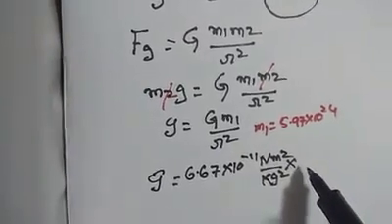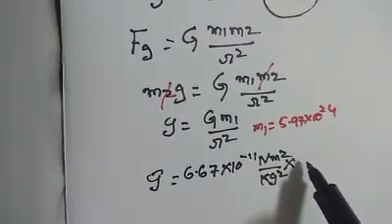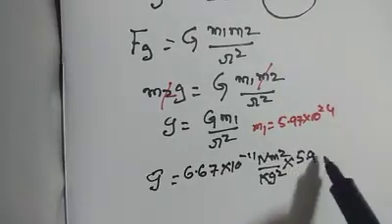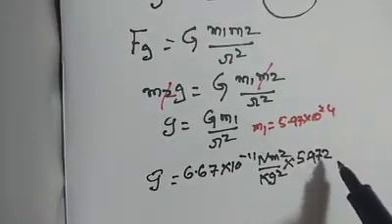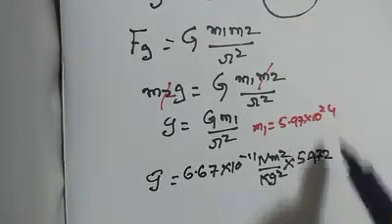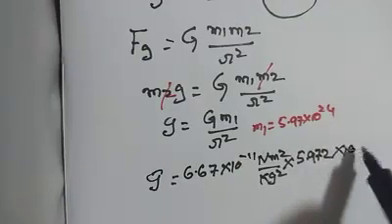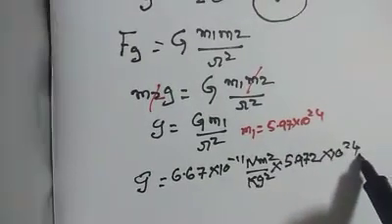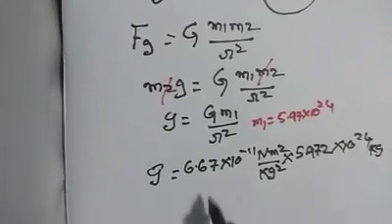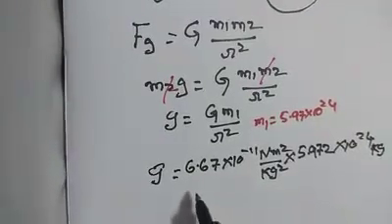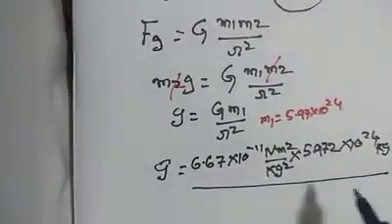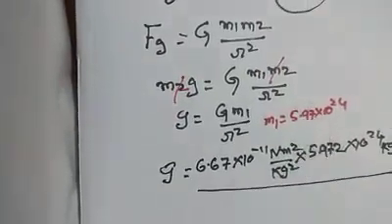Then 5.972 times 10 to the power 24 kilograms, the mass of Earth, whole divided by the radius squared.